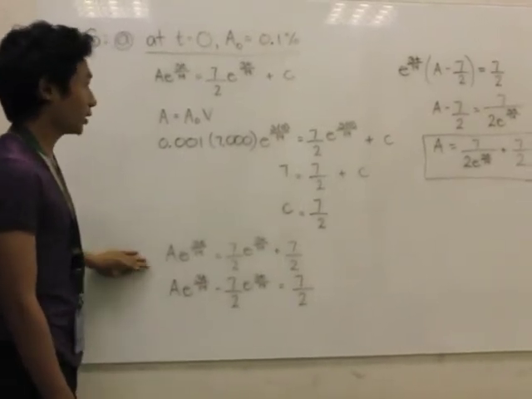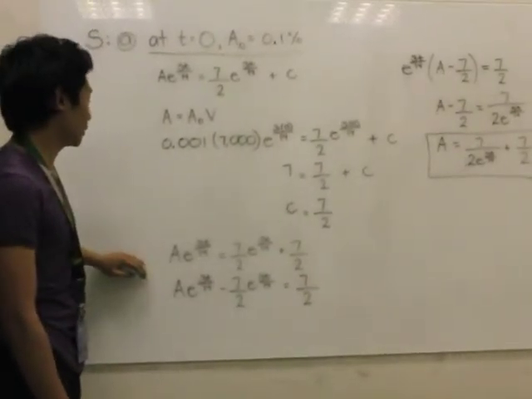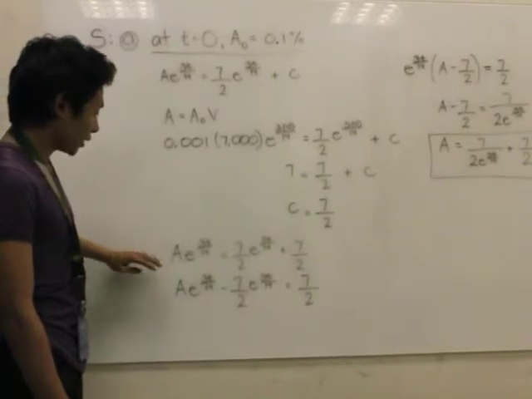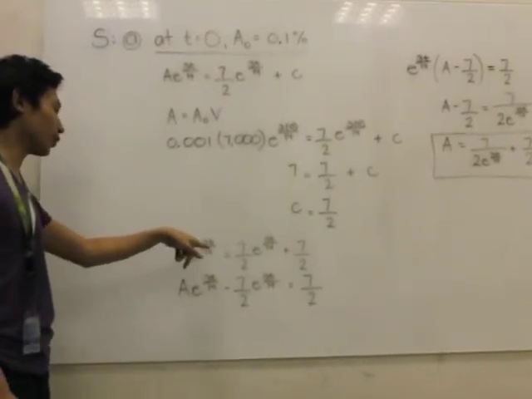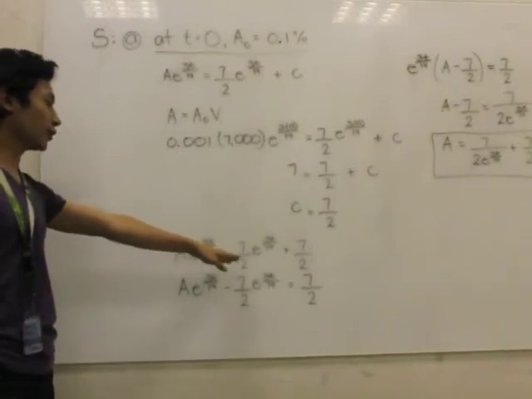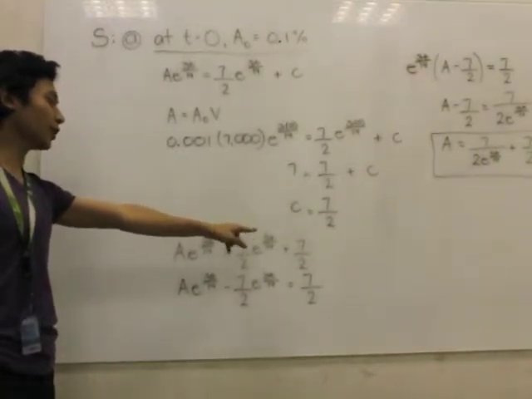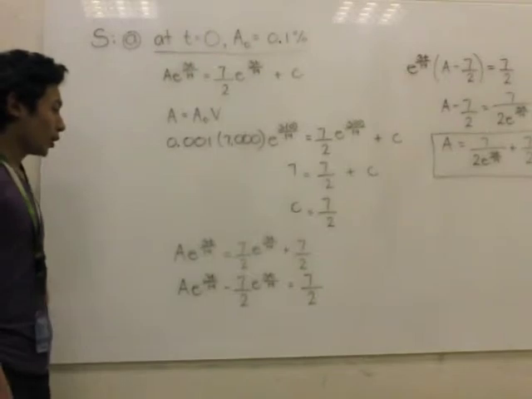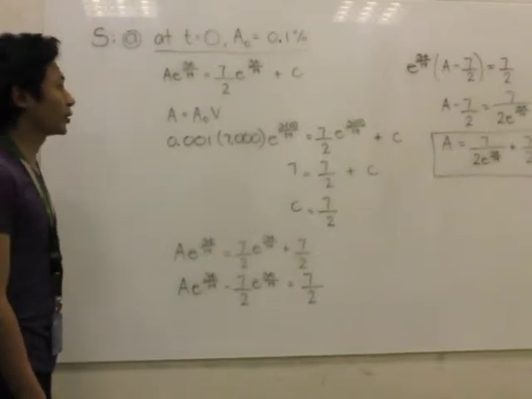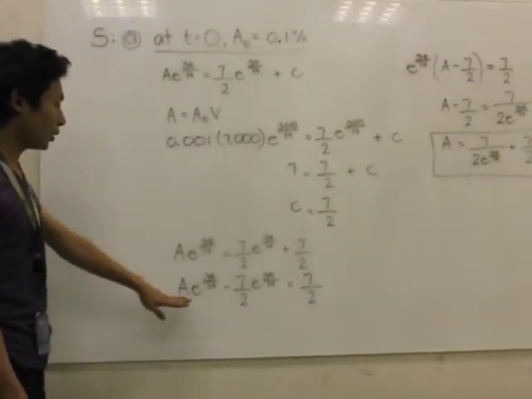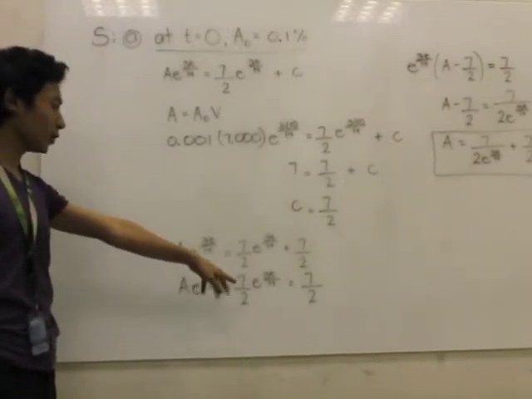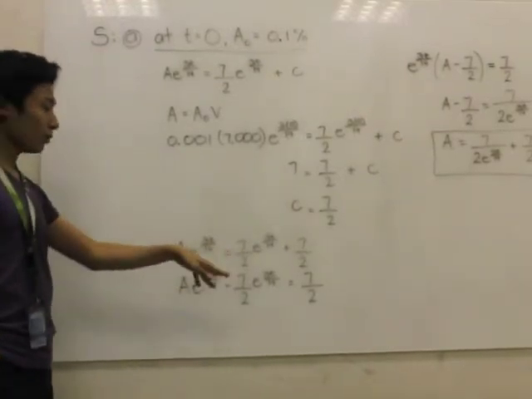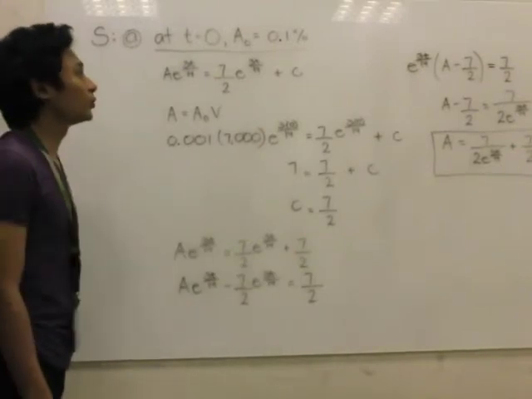Now we'll have this general equation right here, and the general equation is A e raised to 3t over 14 equals 7 over 2 e raised to 3t over 14 plus 7 over 2. So we now simplify it. A e raised to 3t over 14 minus 7 over 2 e raised to 3t over 14 equals 7 over 2.